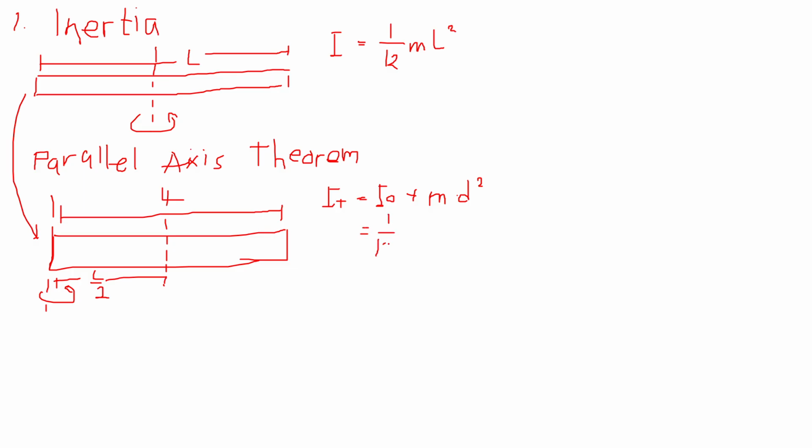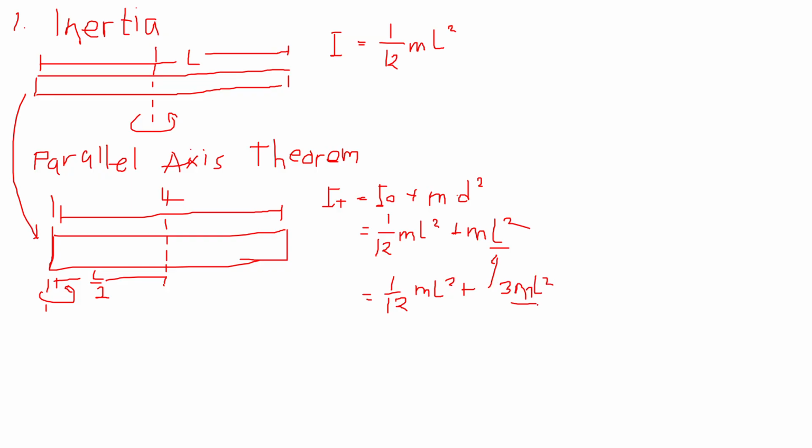Okay, so let's just put in numbers. 1/12 ml squared plus ml squared over 4. We can write this as ml squared over 12 plus, that's 4 by the way, sorry. Let's multiply it by 3 so we have the same number at the bottom.